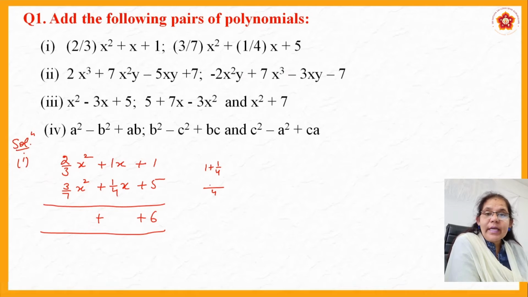If you are not very sure about it, then you can take the LCM and then do it. So what will come here? 1 4s are 4 into 1. 4 1s are 4 and 1 into 1. So it is 5 by 4. So it is 5 by 4x.